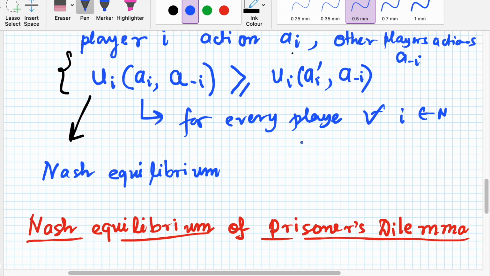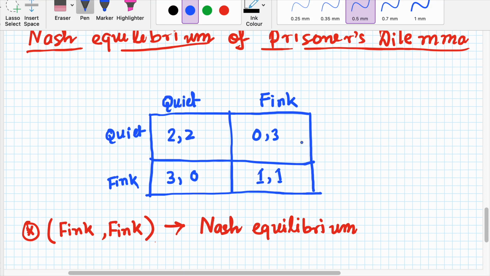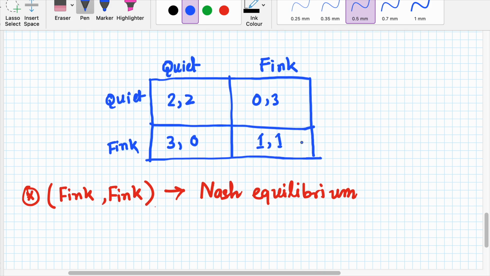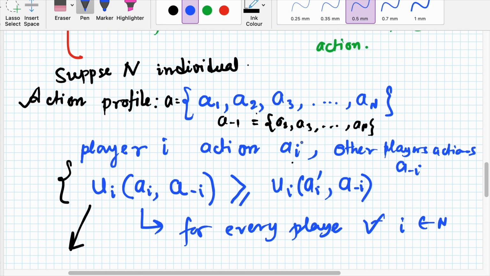That means every player has no incentive to deviate from Fink, Fink. The definition is saying that there will be no action a_i prime such that, by deviating from this action profile, a player gains in terms of utility.